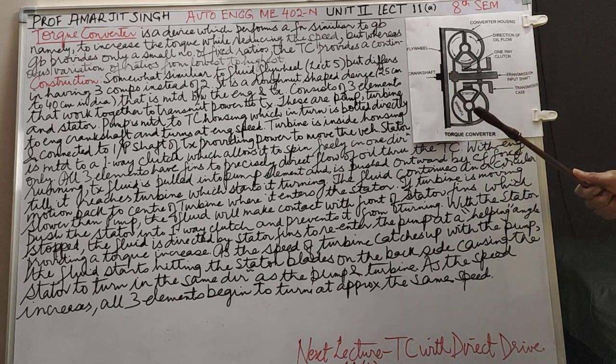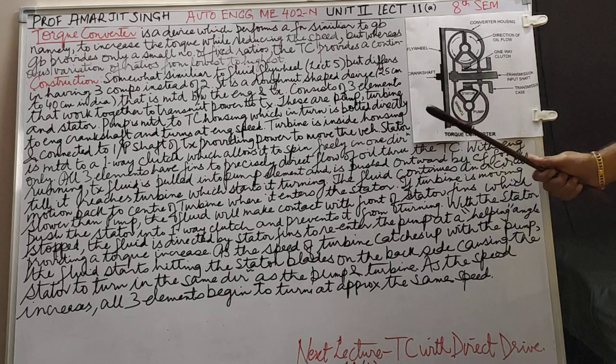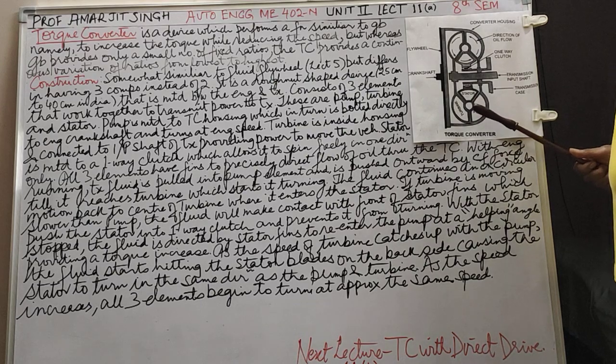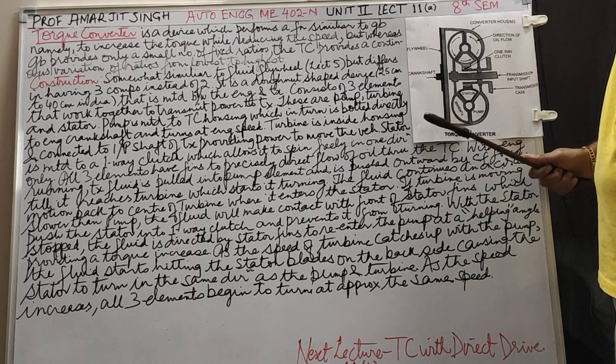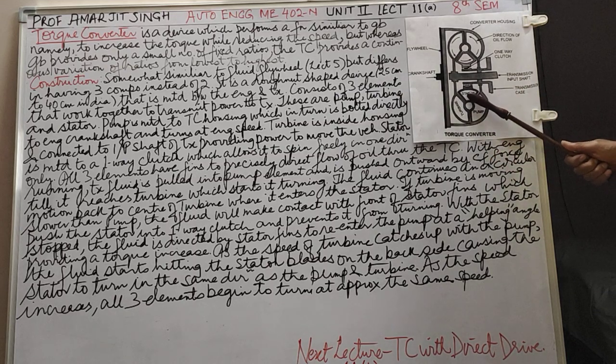Here there are 3. You can go back and revise lecture 5. That's why in the fluid flywheel, no variation of torque was possible. This has been provided due to this particular stator. Pump, turbine and stator. Now let us see the construction.